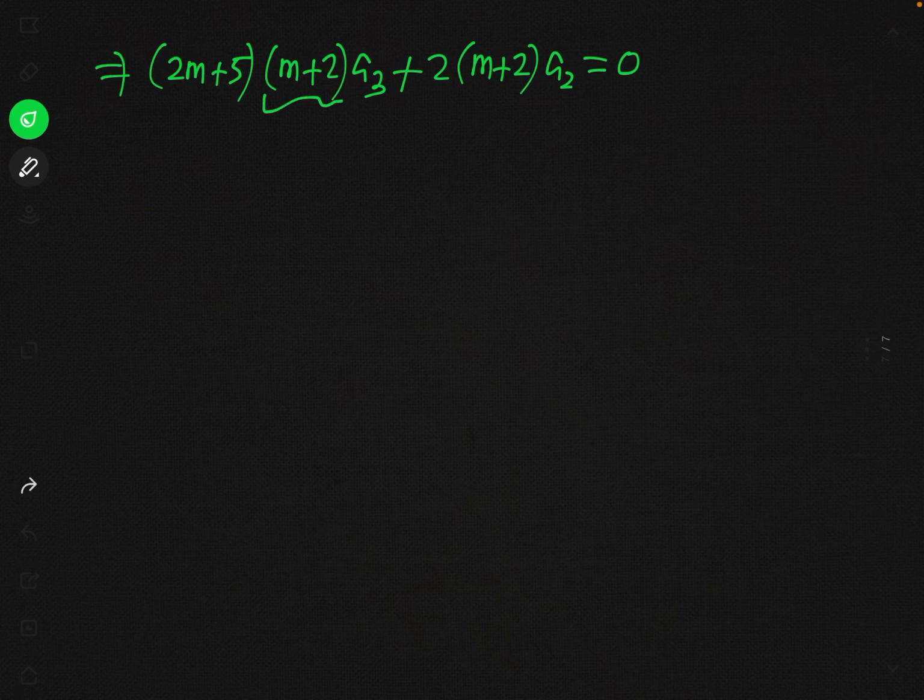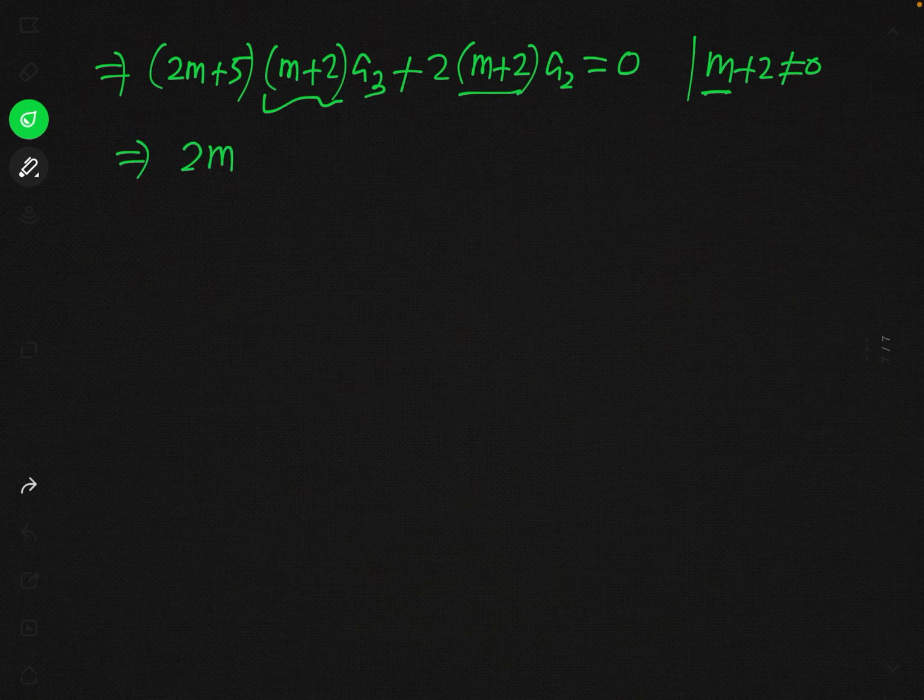Again, we know that this m plus 2 is a common factor, and you know m plus 2 cannot be 0. We have seen that m has two values, 1 by 2 and 1. So if we take m equal to 1, then this will not be 0. If we take m equal to half, then it will not be 0. It means m plus 2 is not equal to 0.